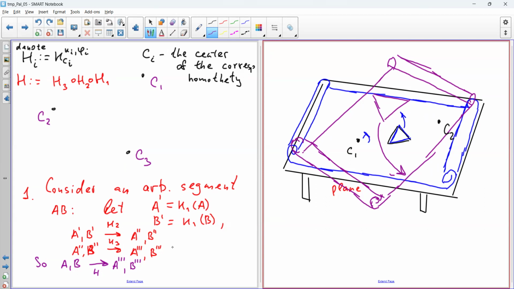And triple primes would be one additional level of such transformation, and we eventually get something which we call H.